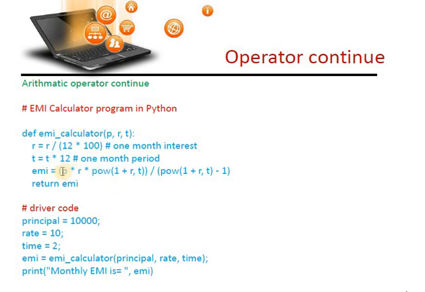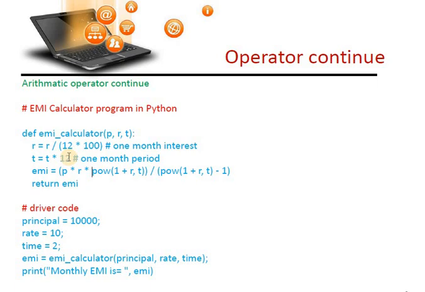Fine. Now the main thing is, what is the formula for calculation of EMI? So this is the formula: principal into rate of interest into (1 plus r) to the power t. T is the number of installments in terms of months. How is it found out? It is given as 2 years. So 2 years into 12, because 1 year means 12 months.